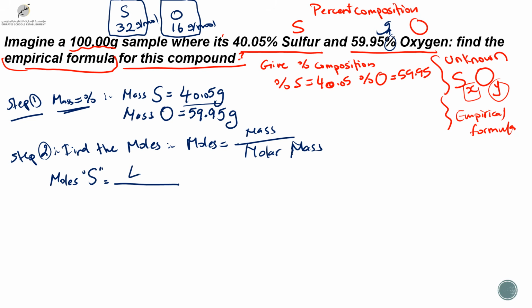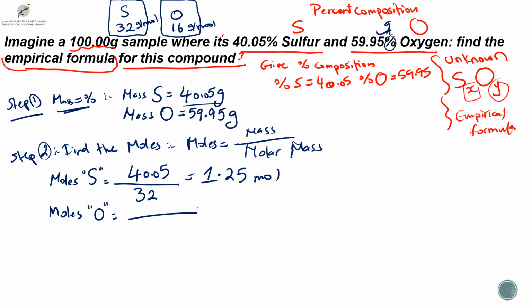This one, 40.05 divided by the molar mass, which is 32 from the periodic table. So it will give you 40.05 divided by 32, which is 1.25 mole.